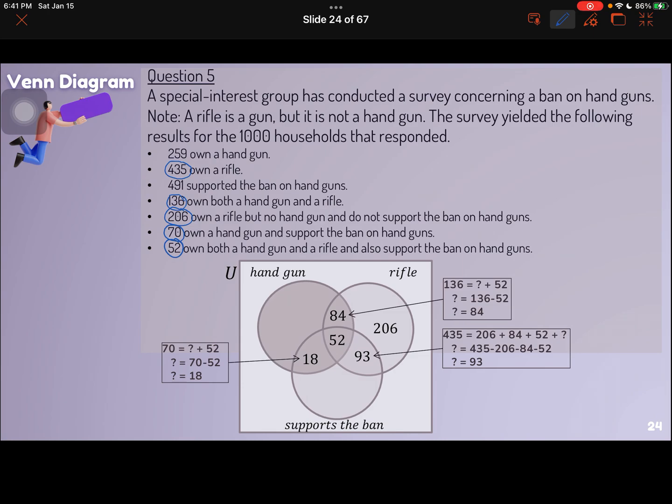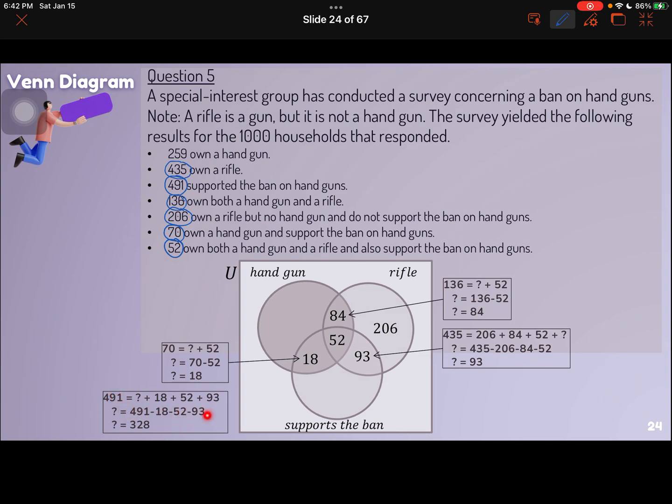So now I'm going to focus on the value that is with the support of the ban on guns, and that is using this one. 491 supported the ban on handguns, so that is gonna be the addition of this plus this plus this plus this, and altogether is 491.